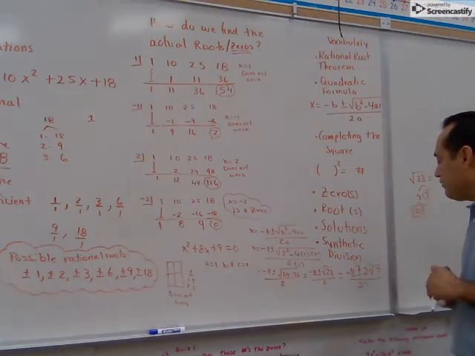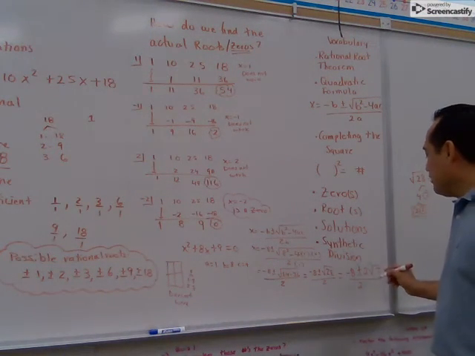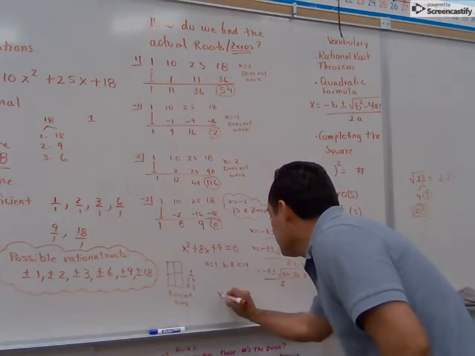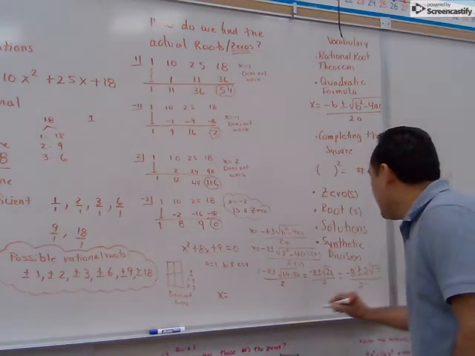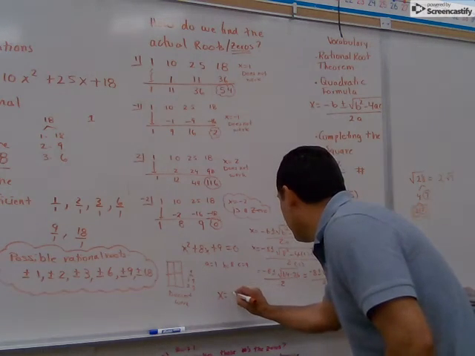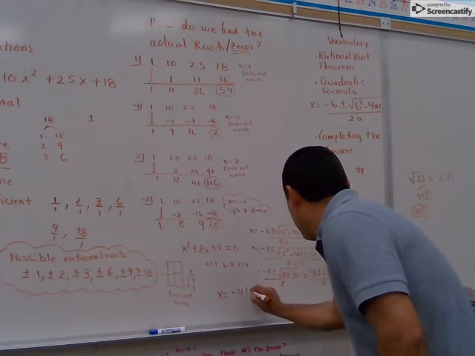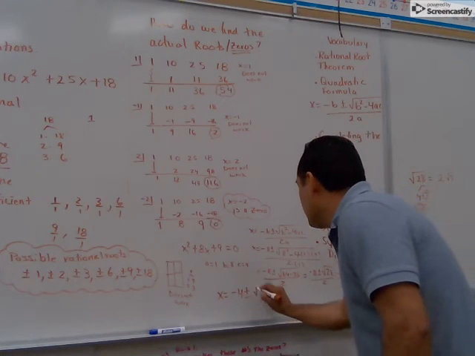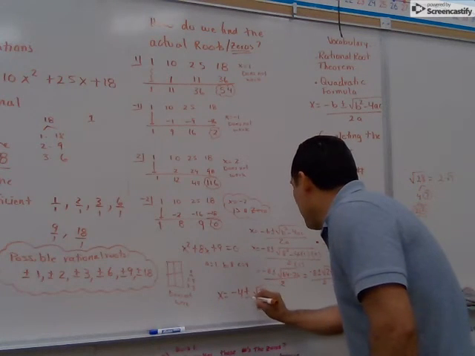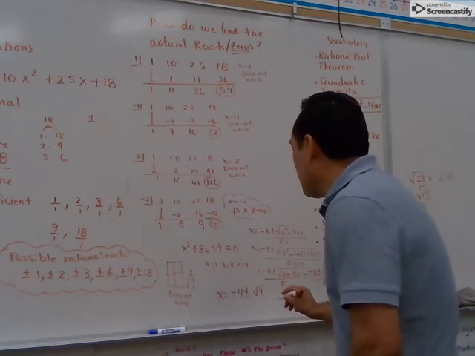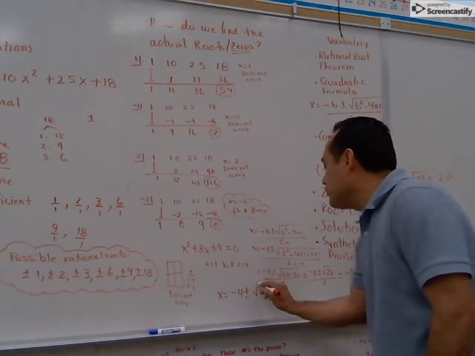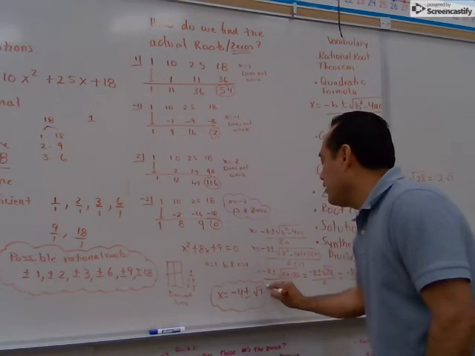If I divide everything by 2, my final answer comes out to be x equals -8 divided by 2 is -4, plus or minus 2 divided by 2 gives you 1, which is the square root of 7 over 1. We don't write a 1 on the bottom of the fraction. So now I have actually obtained my 2 other roots in here.